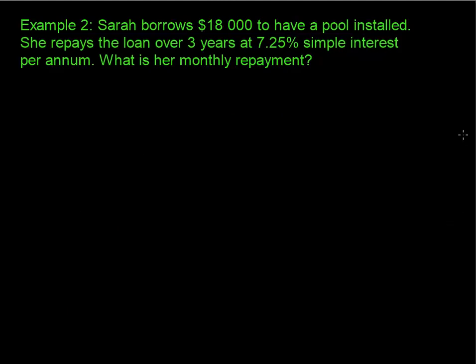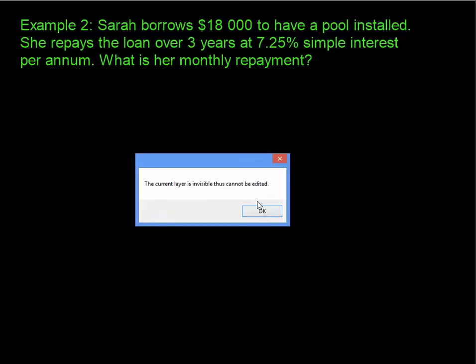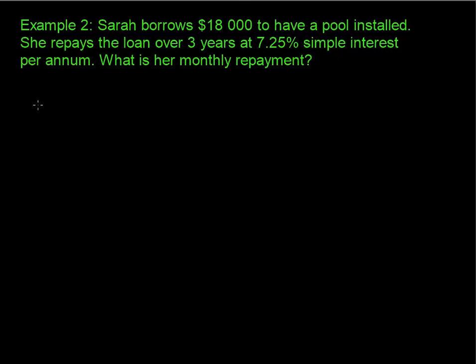Sarah borrows $18,000 to have a pool installed. She repays the loan over 3 years at 7.25% simple interest per annum. What is her monthly repayment? In this question, we're going to do the same sort of thing we did in the last one. First of all, we work out the total repayment, and to do that, we start by working out the interest. So the interest is PRN.